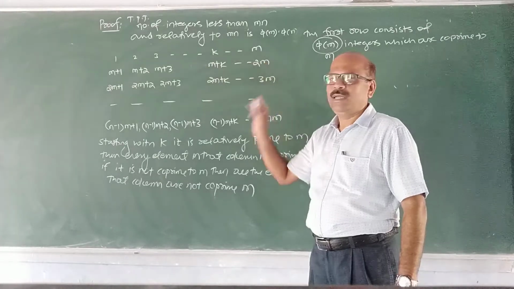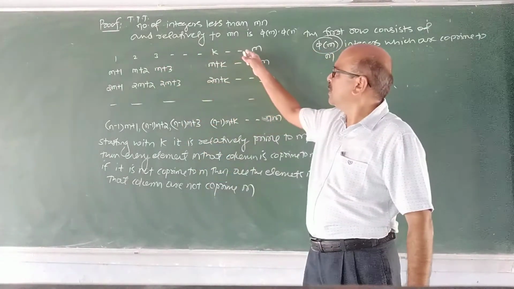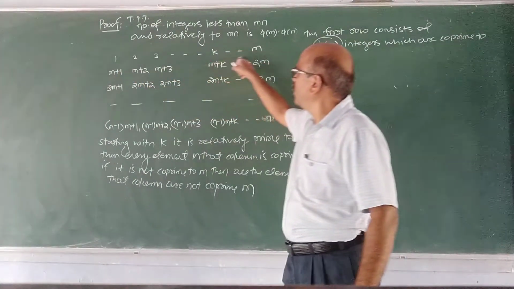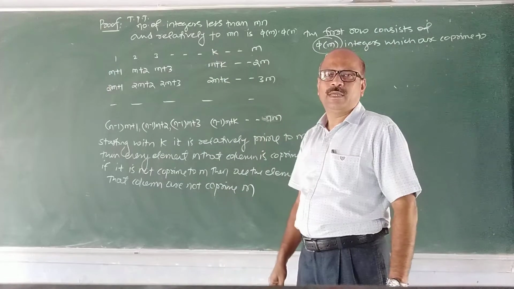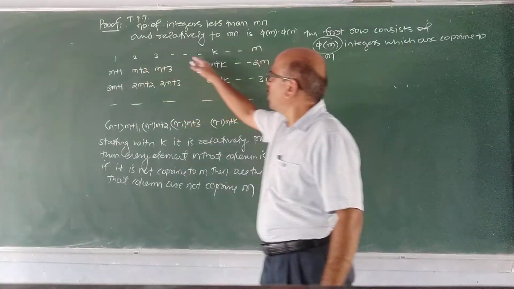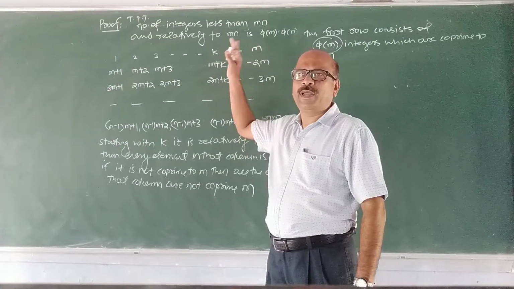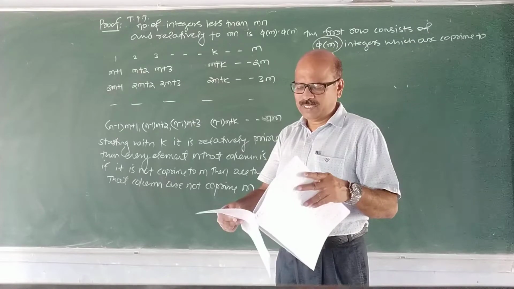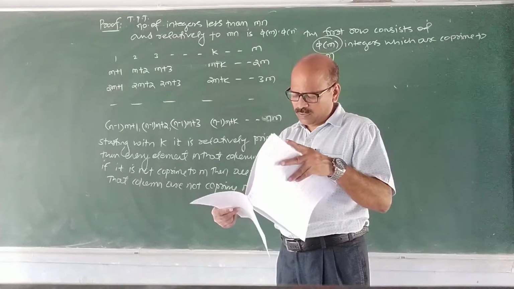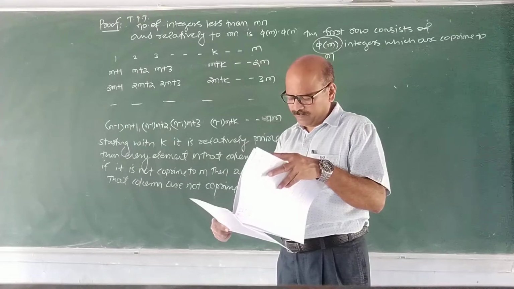Suppose in this first row 20 elements are there. Then how many elements are co-prime to 20? Co-prime to 20 are 8. Am I correct? Let me verify that.